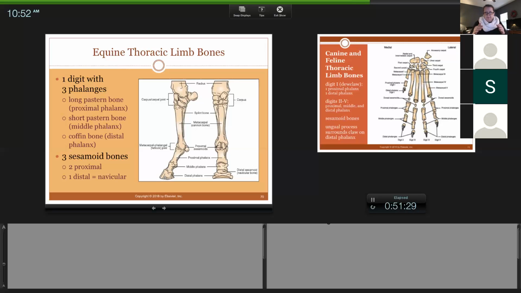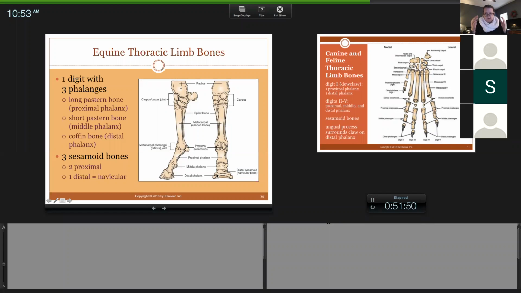The way I remember the order, and I have a kind of weird saying for this that I would talk about in class, is imagine if you're shot with a cannon, the pastor is going to give a long speech, then a short speech before he puts the coffin in the ground.